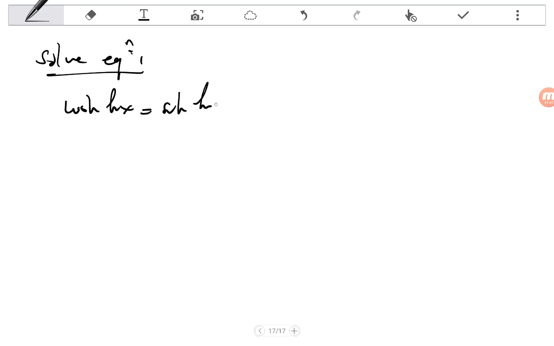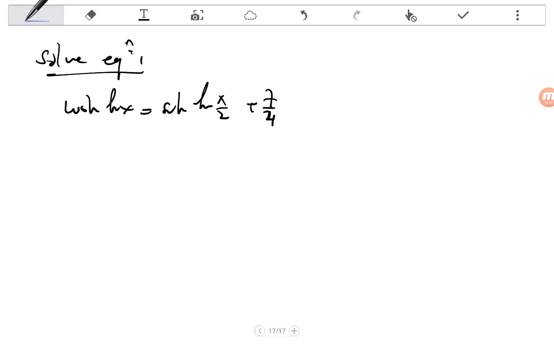If I have this equation, for example, solve cosh(ln x) = sinh(ln x)/2 + 7/4.